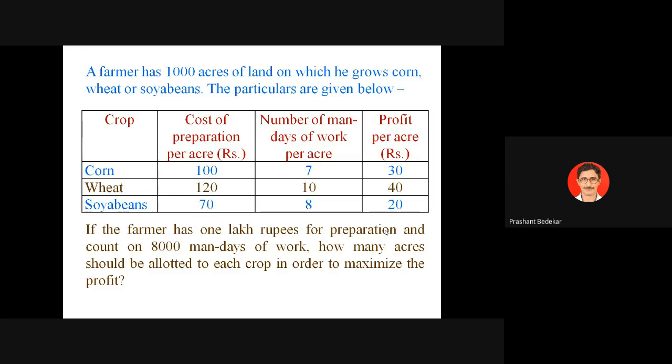That is also given: 1 lakh rupees for preparation of land and 8,000 man days. The question is, how many acres should be allotted to each crop so as to maximize the profit? Maximizing something, optimization. So an application of optimization in the field of agriculture.